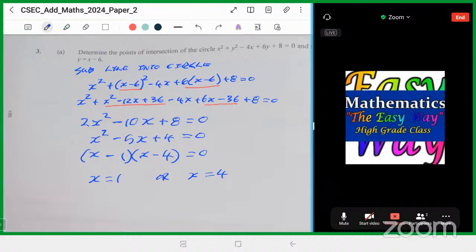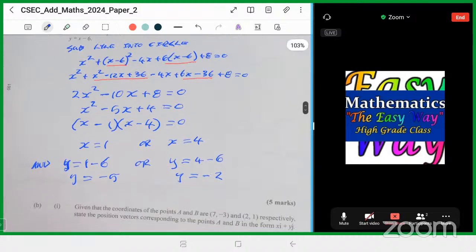Using the line equation, y is equal to 1 minus 6, or for this one, the y is going to be 4 minus 6. So we're getting y equals negative 5 for this one, and y equals negative 2.